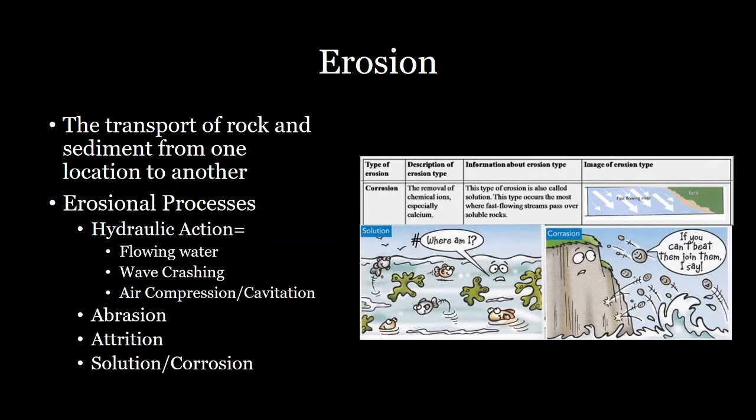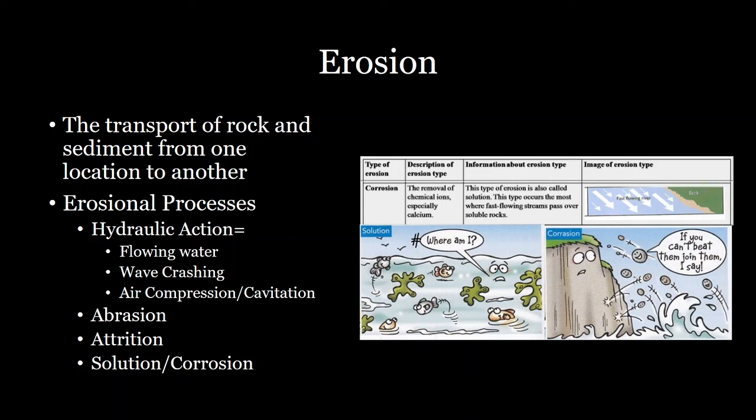And then lastly, we have solution and corrosion. So as we talked about with chemical weathering, chemical reactions can occur in order to weather a rock. After that occurs, then you have the ions dissolving into the solution, in this case water, and being transported away as the water flows to a different location.